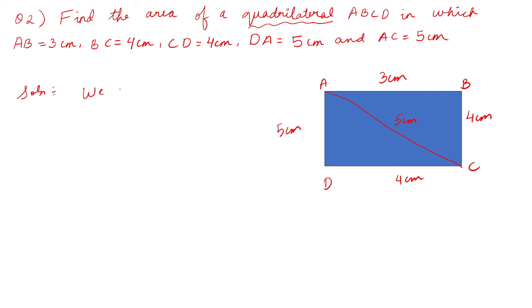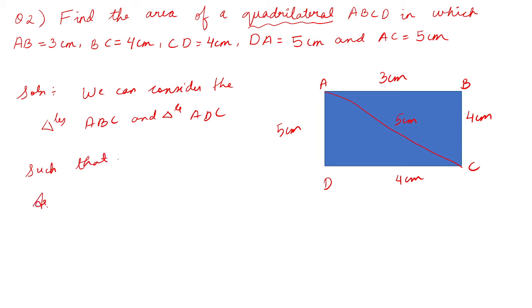We can consider the triangles ABC and triangle ADC such that area of quadrilateral is equal to area of triangle ABC plus area of triangle ADC.